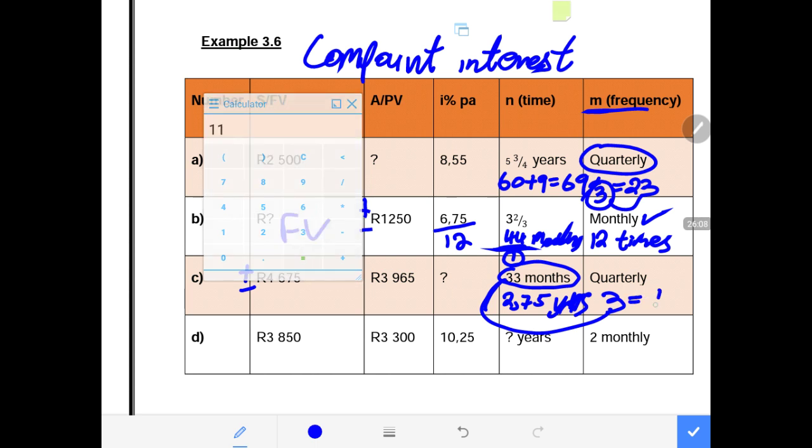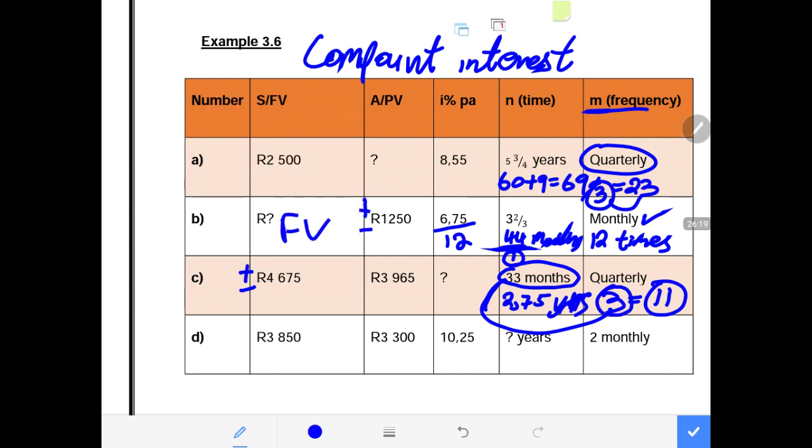This gives us 11. So that means the interest will be compounded 11 times, because every third month we compound. At the same time, you could have said 2.75 times 4. Take note of that.